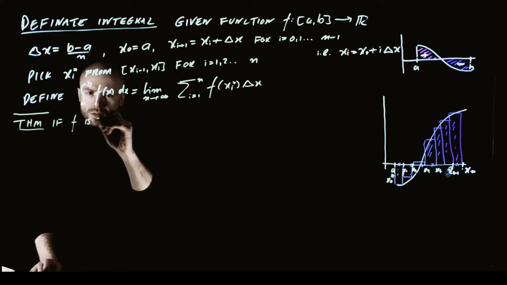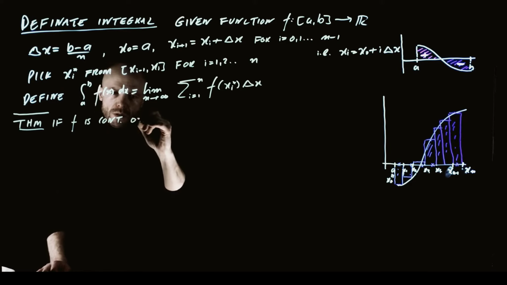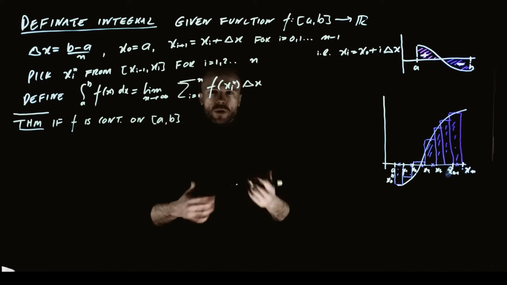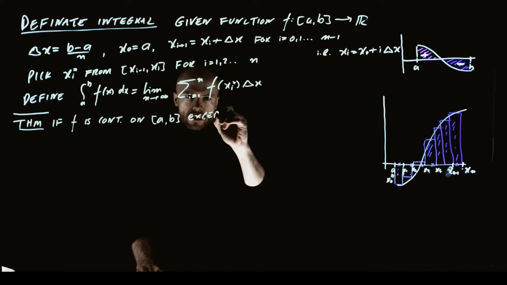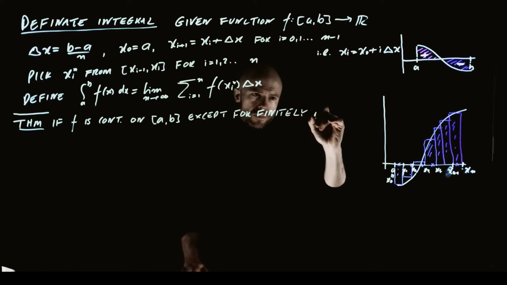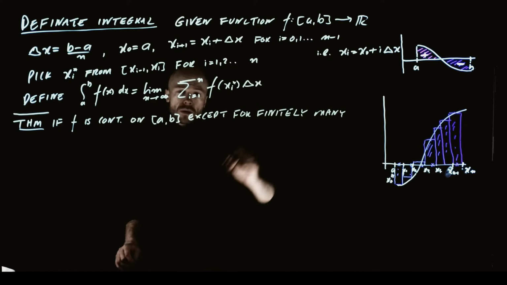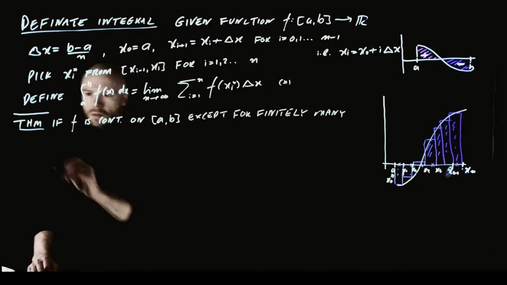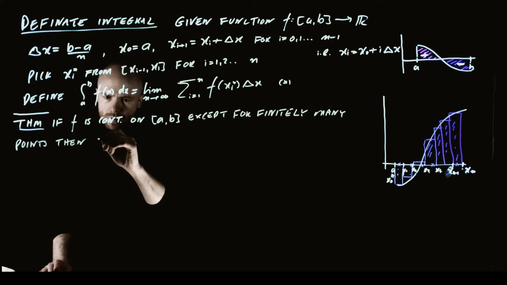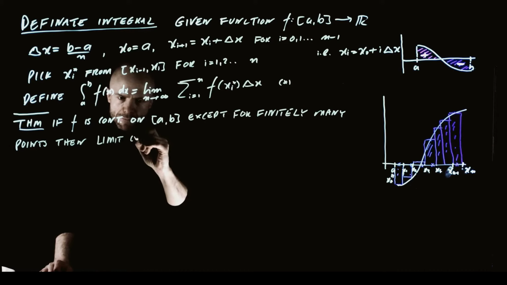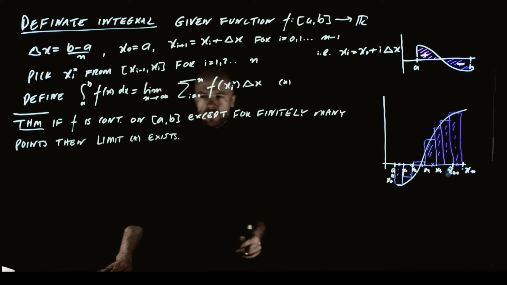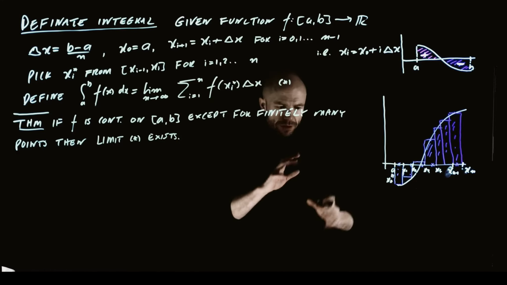If f is continuous on [a, b], except for finitely many points, then this limit exists. And that, I'm going to show you, isn't so surprising.